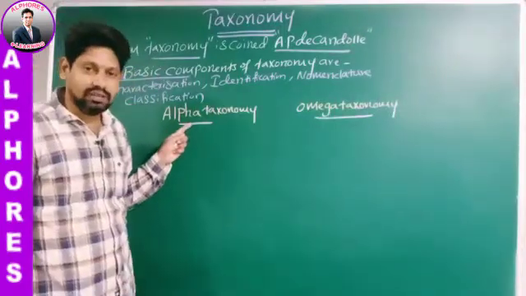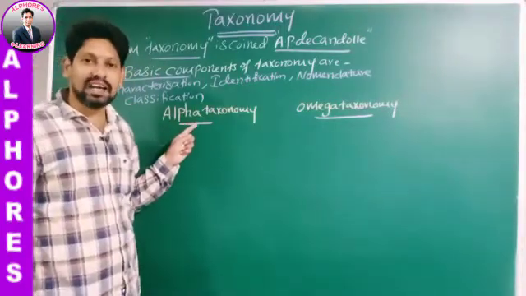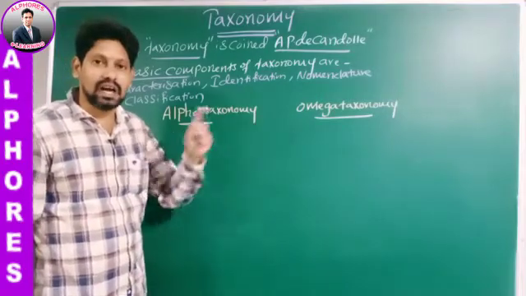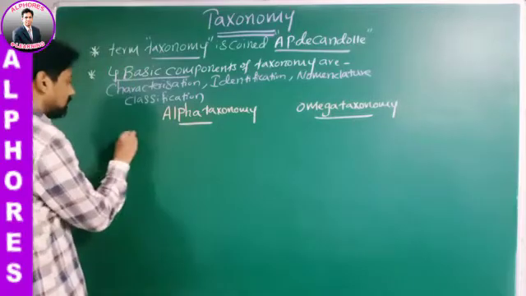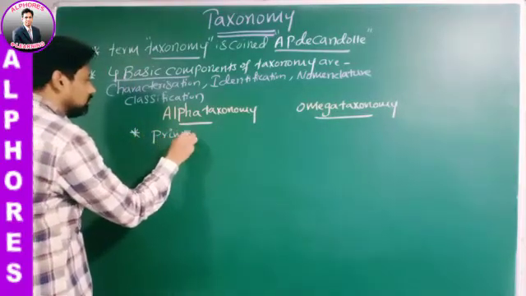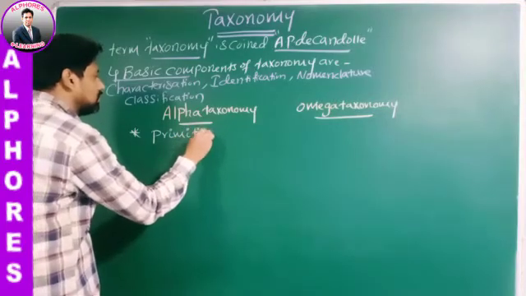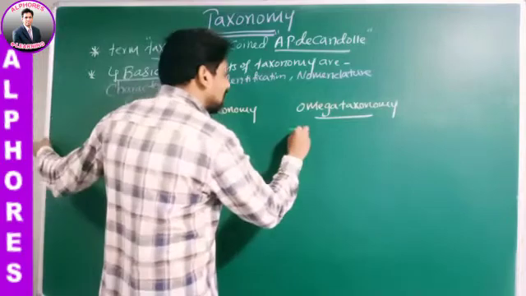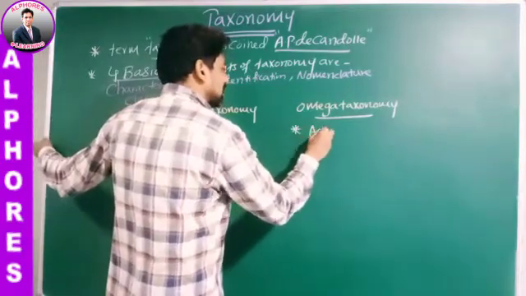Alpha taxonomy. This alpha taxonomy is primitive, whereas omega taxonomy is advanced. Which taxonomy is primitive? Alpha taxonomy is primitive, whereas omega taxonomy is advanced.